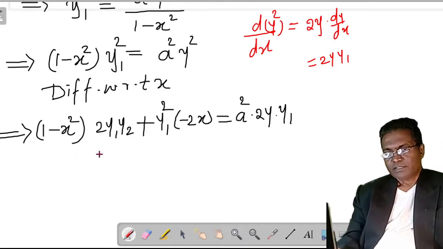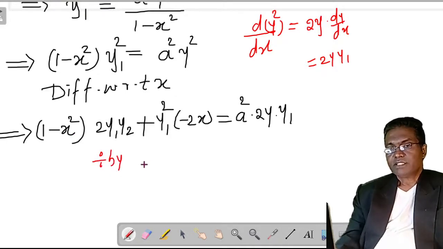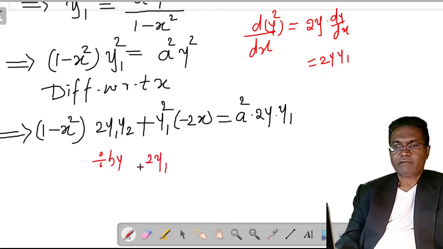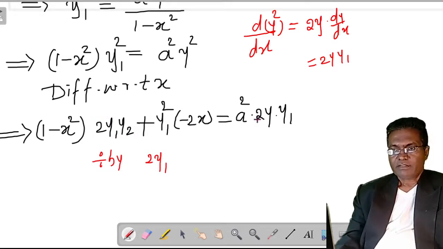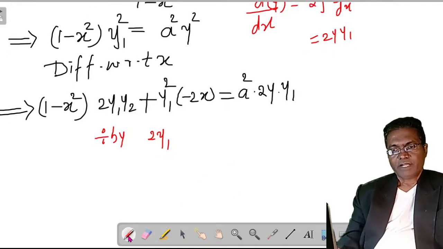Okay. Now see here, I told you whenever you differentiate, square and differentiate, 2y1 will be common. So divide by 2y1. Look, here is 2y1, 2y1 and 2y1. So divide by 2y1.